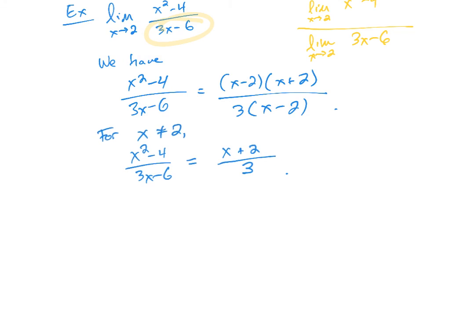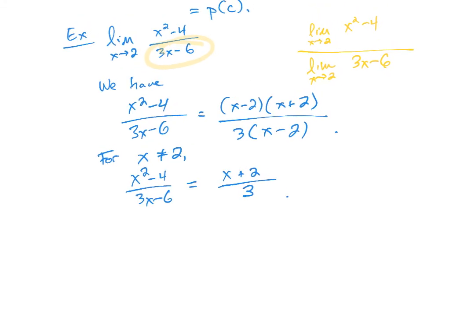But here's the thing. When we're taking a limit, the point where we're limiting to is precisely the point we don't care about. So since we don't care about that point, we don't care about what it's defined to be at 2.